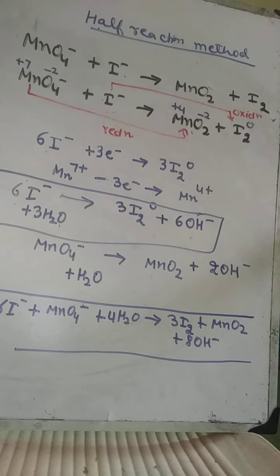The difference between half reaction method and oxidation number method is that in half reaction method, in both the half equations you are supposed to balance the acidic and basic medium. In oxidation number method, in the main equation itself we will balance the acidic and basic medium products.